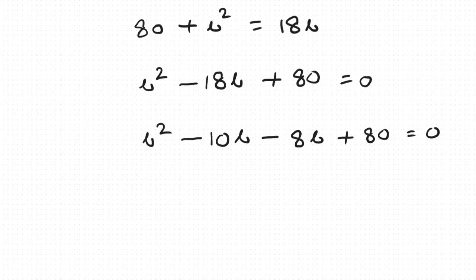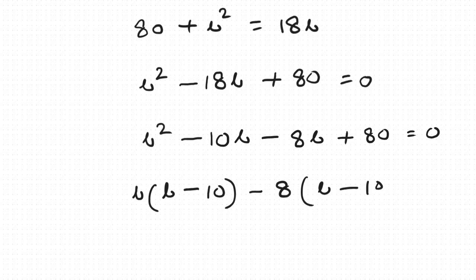Then we can take B as a common term and we can write B times (B minus 10). Again we can take minus 8 as a common term and we can write minus 8 times (B minus 10) equals 0.